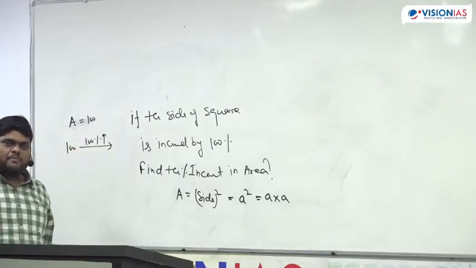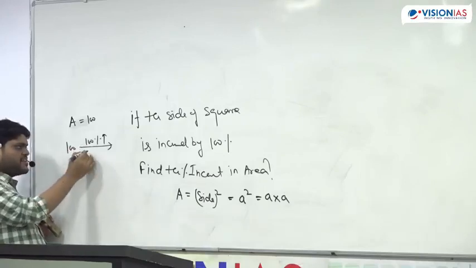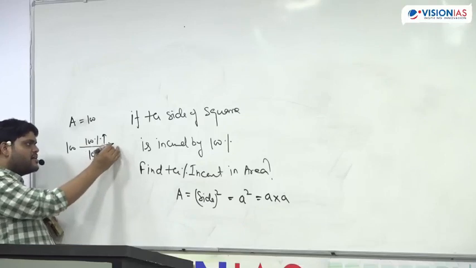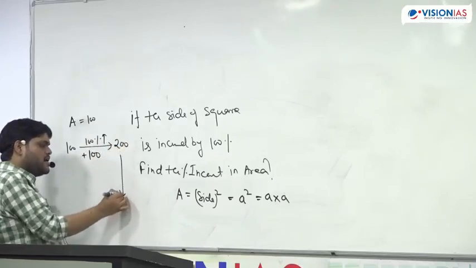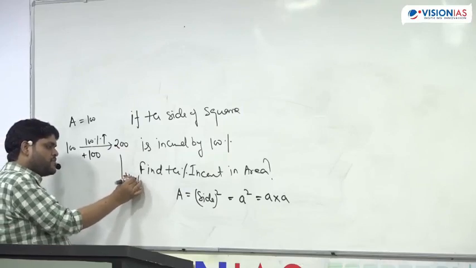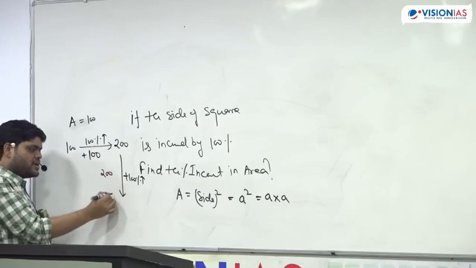So 100% of 100 is 100. So increment means now this become 200. Now second increment of 100%. So 100% of 200 is 200.